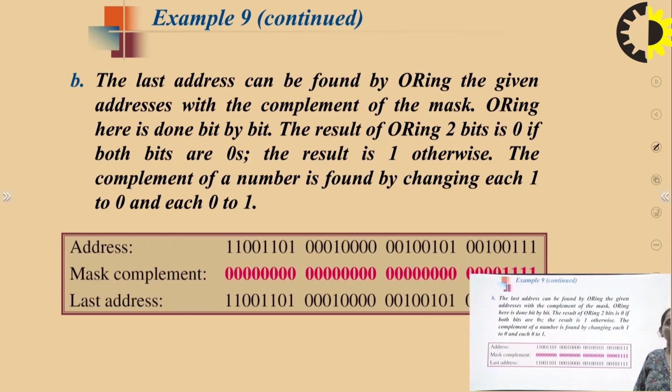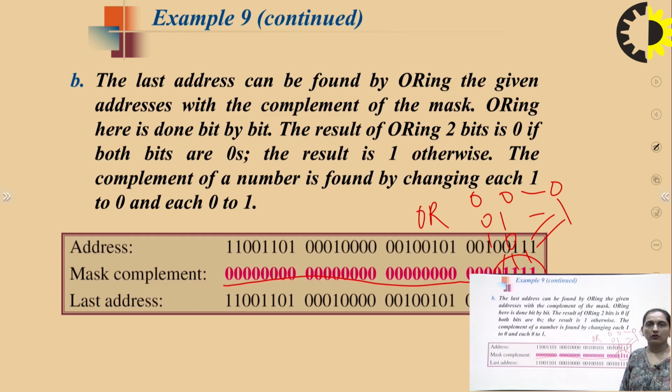For the last address, we take the complement of the subnet mask, turning ones to zeros and zeros to ones, and then perform an OR operation with it. For OR, 0 and 0 is 0, 0 and 1 is 1, 1 and 0 is 1, and 1 and 1 is 1. This is also a way to find the first address and last address of a network range.